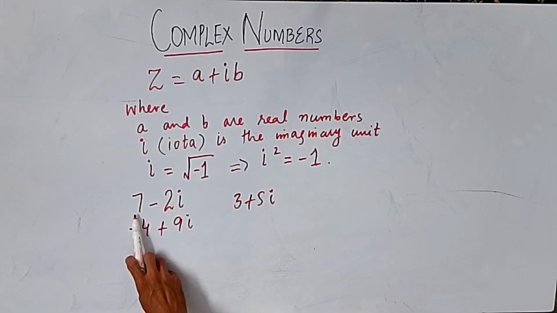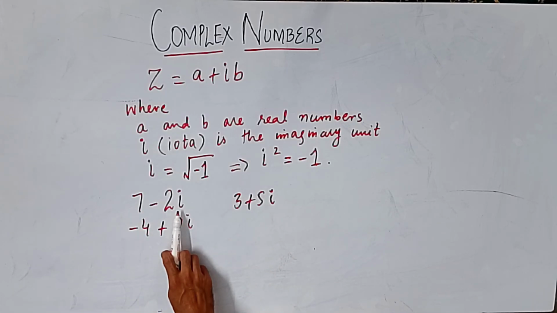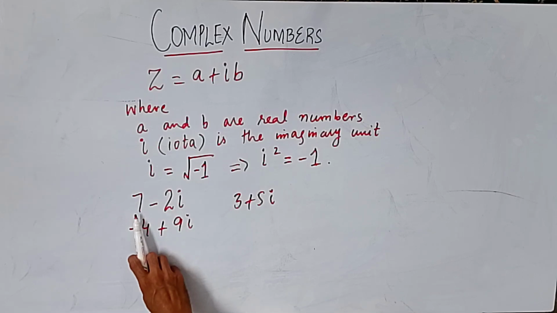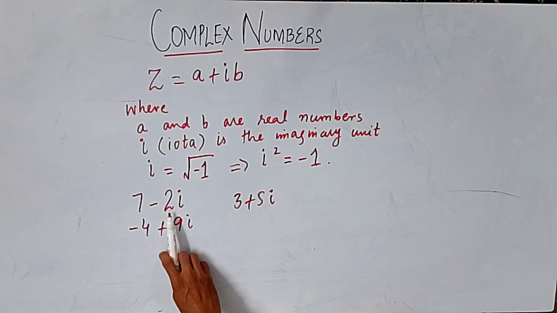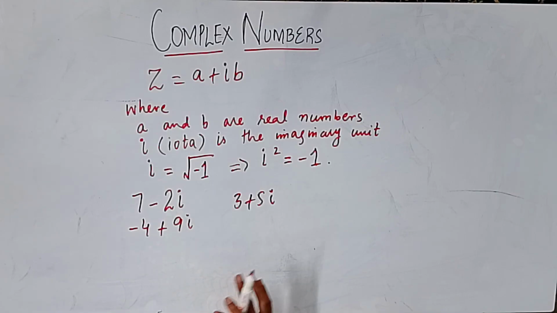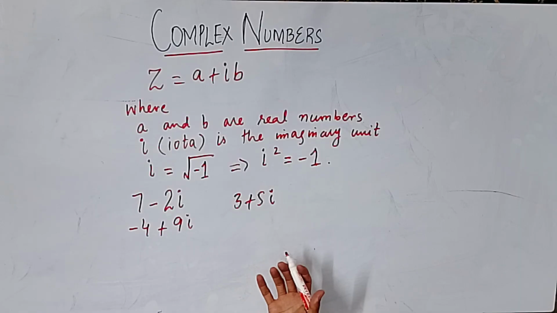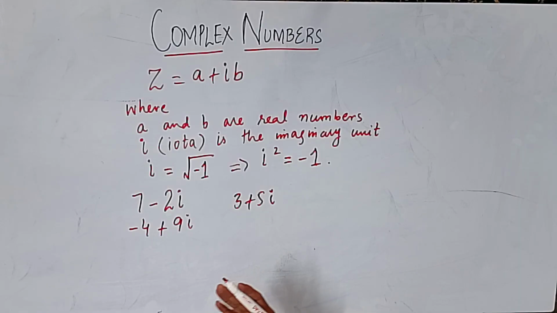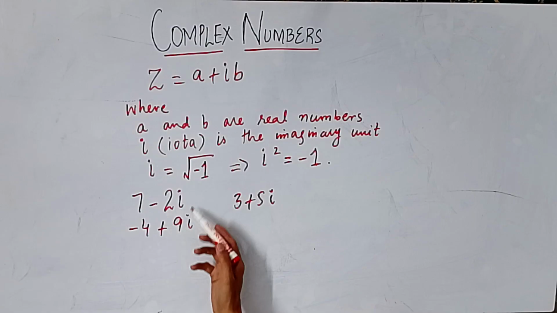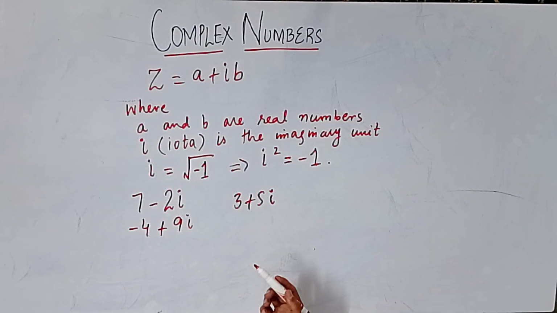Over here there is no iota, but with this number there is iota. So this number is actually the real part of the complex number, and this minus 2 is with iota, so it is called the imaginary part of the complex number. So basically a complex number consists of real numbers, but this iota portion is called the imaginary unit, and only the number is called the real part of the complex number.